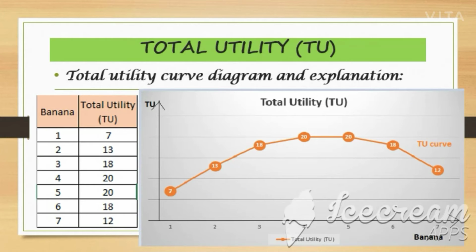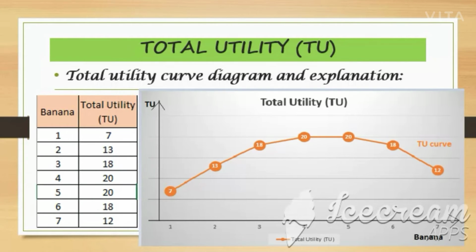If we plot the total utility in a graph, then the total utility will look like an upside down U-shaped curve. Because when one banana is consumed, total utility is 7. When the second banana is consumed, then total utility becomes 13. As the number of bananas consumed increases, the total utility also increases.